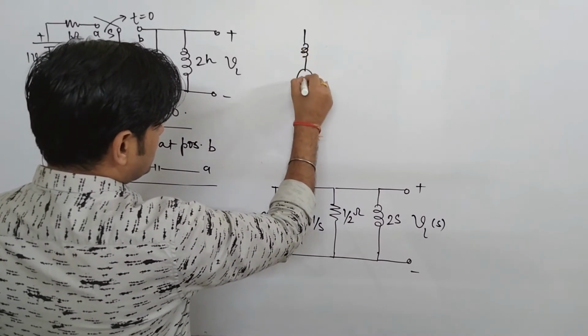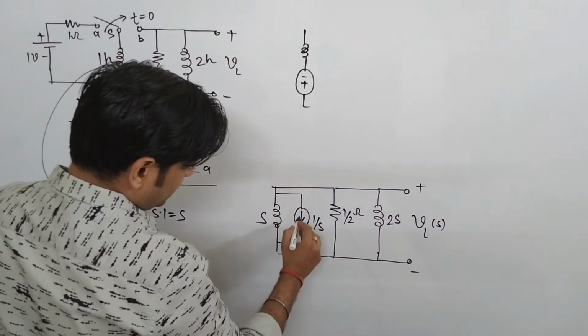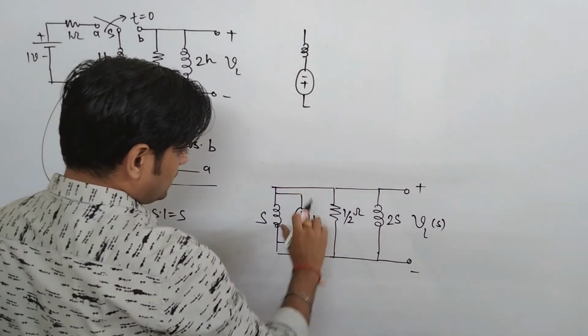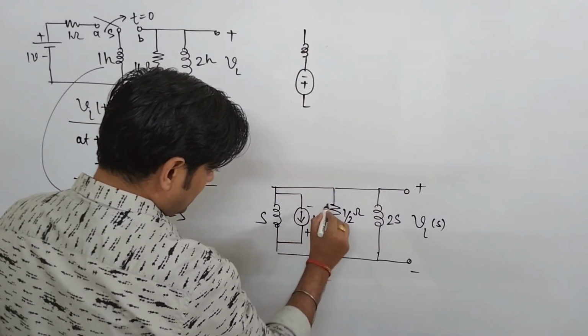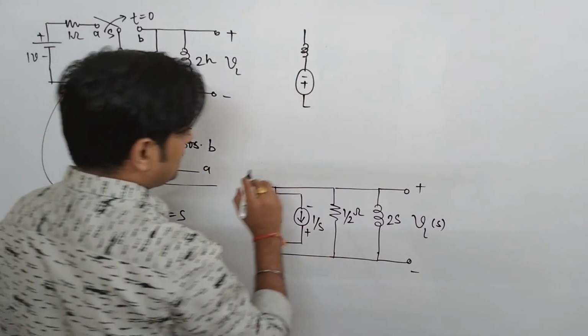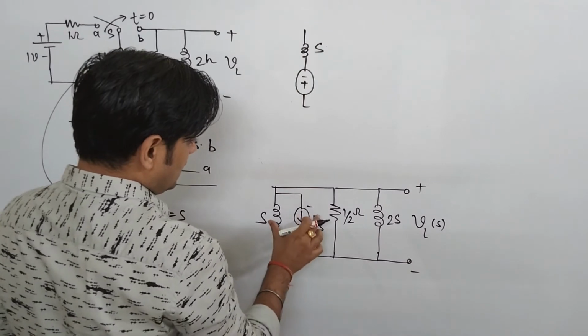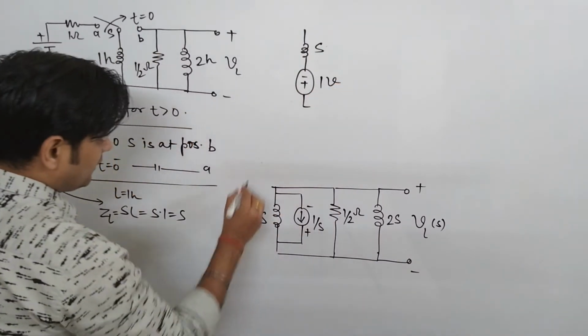This comes in this form. Whatever the direction of the current, that represents the direction of the source. Since it is in the downward direction, that comes to be plus minus, very simple, and like that I have placed here. So in source transformation, this is S into 1 by S, that comes to be 1 volt. Why?